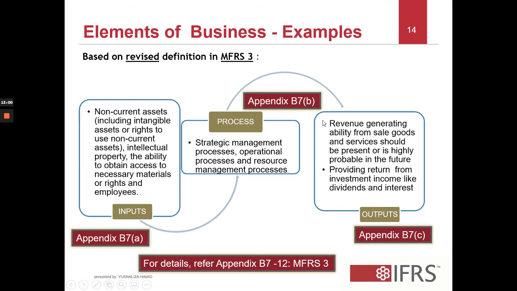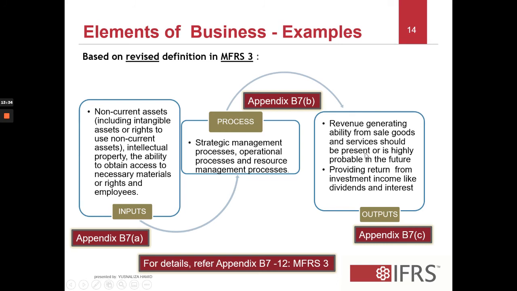Regarding output, these are some explanations of output about revenue that you generate from the sale of goods and services. MFRS 3 here you can also read together with MFRS 15 on revenue. So whatever revenue that you generate as a result of applying MFRS 15, revenue from contract with customer, and also providing return, these are all outputs of a business.